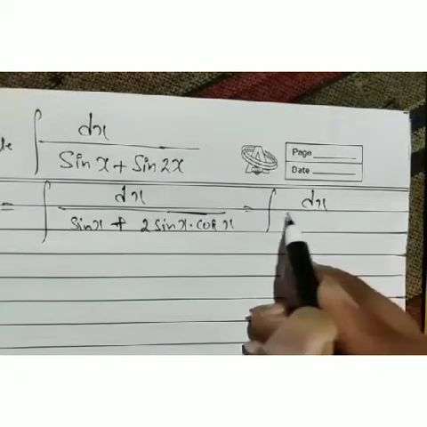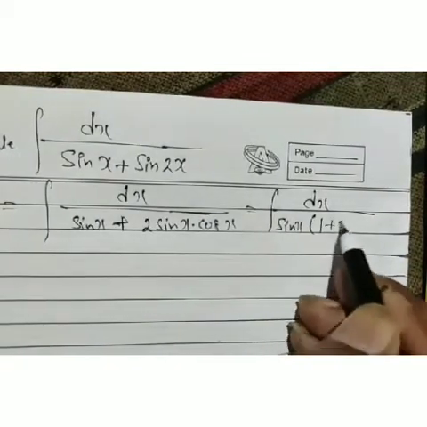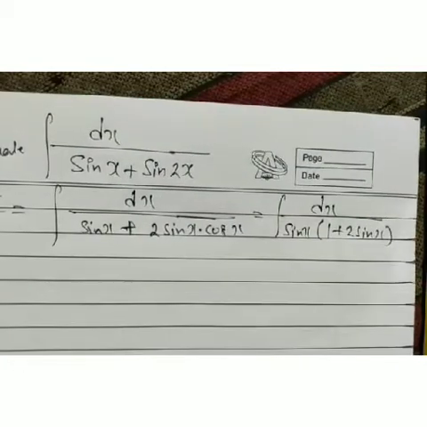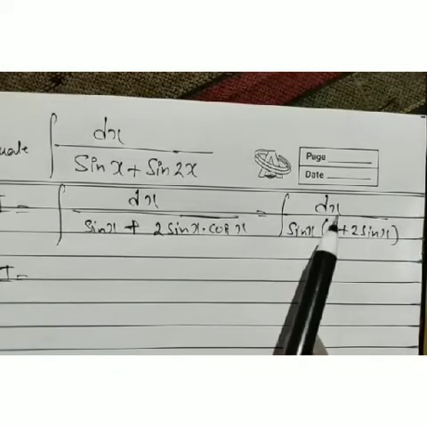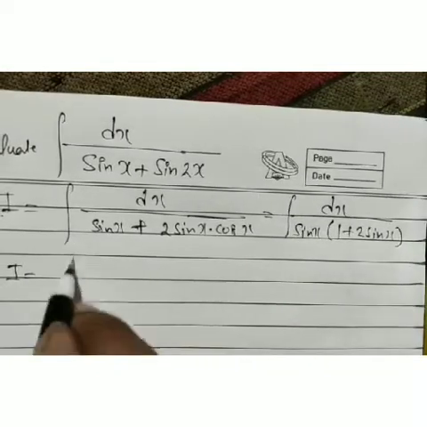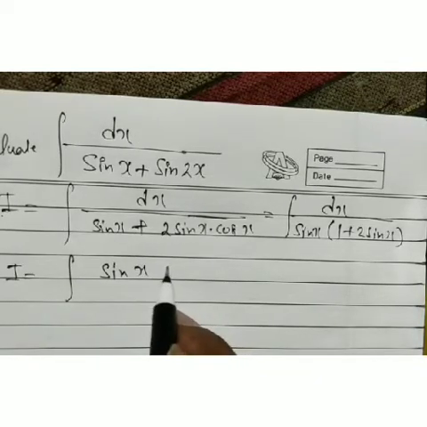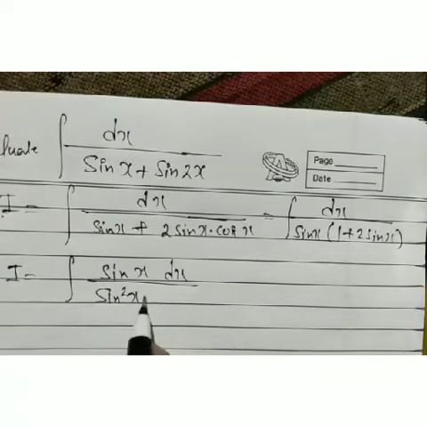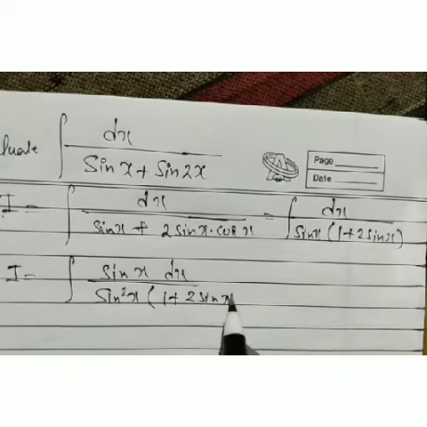We can write the integration of dx, taking sin x common, then we have 1 plus 2 cos x. Now we are just going to multiply numerator and denominator by sin x. Then we have sin x dx upon sin square x into 1 plus 2 cos x.